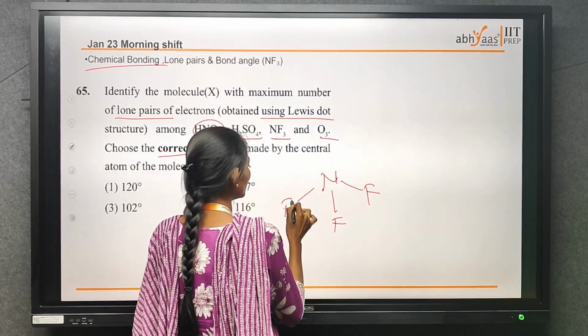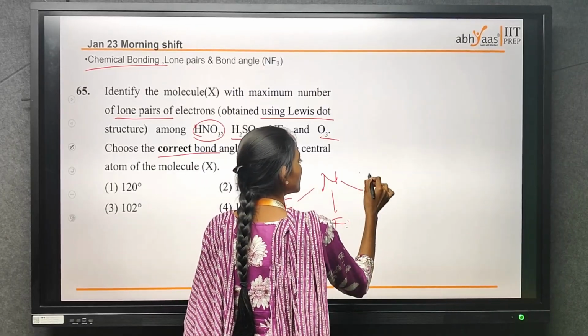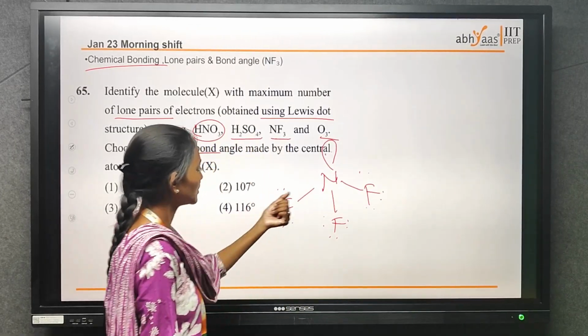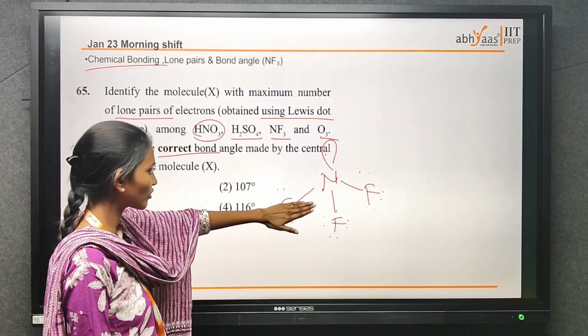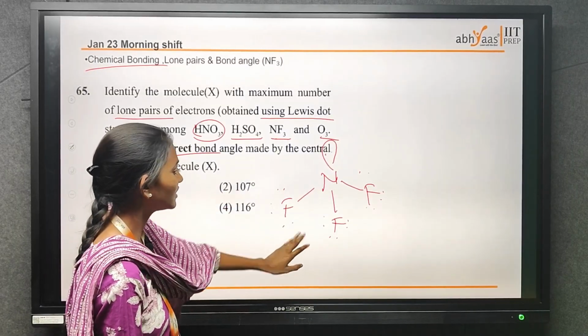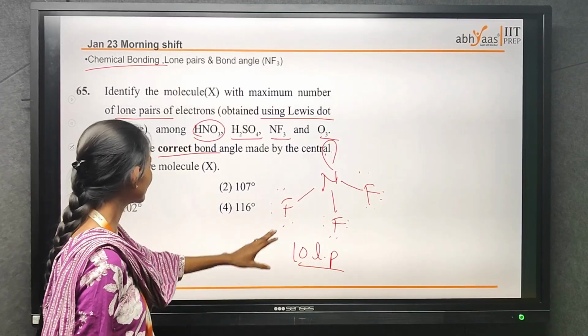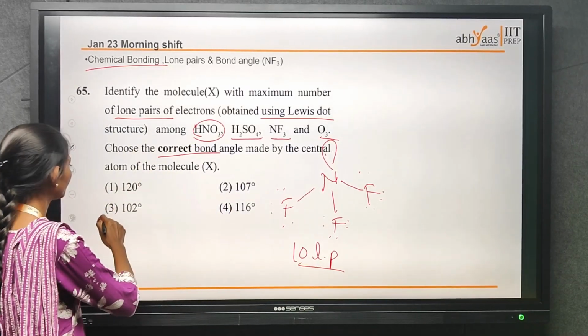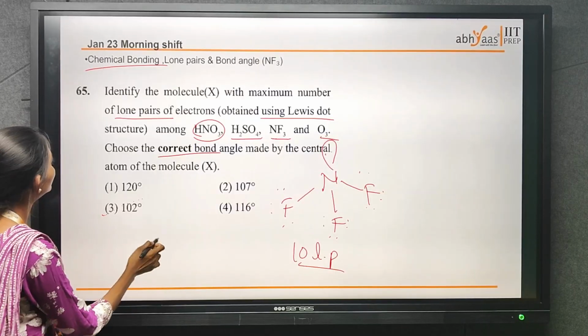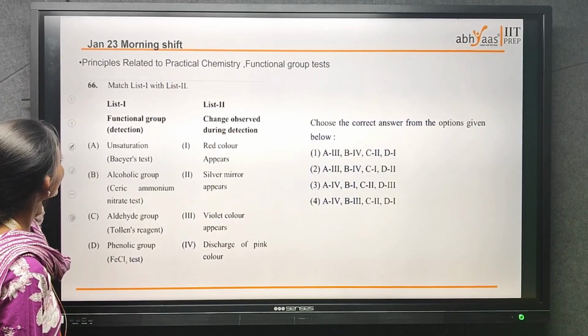NF3 has more lone pairs and the lowest dipole moment. So how many can you see here? 10, right? 10 lone pairs you can see here itself. So obviously the angle will be around 1 or 2 degrees. Moving on to the next question.